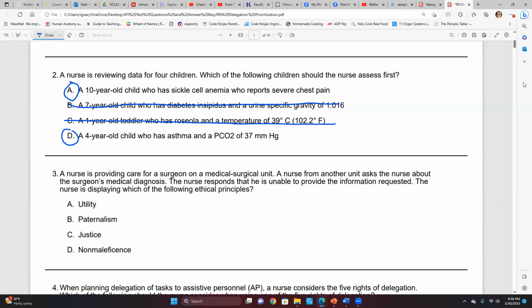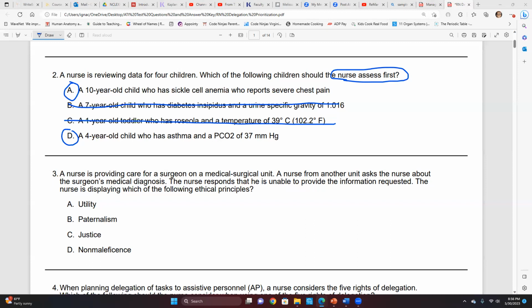This can be controlled. For the sickle cell with chest pain. Oh Jesus, an asthmatic patient. And that's really toxic. It's above the range. Oh my God. I'll go for the D first because of the airway.